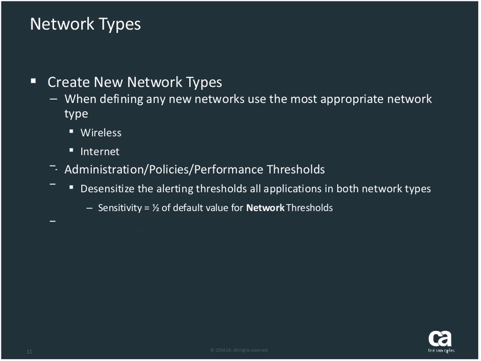Network types, like I mentioned, I create a wireless network type and an internet network type. The reason I do that is because you have less control over the fluctuation within the network performance. Generally speaking, if you look at your ADA operations page, a lot of times if you haven't gone through this process, the networks that show up at the top of the list consistently are your internet-facing networks and your wireless networks.